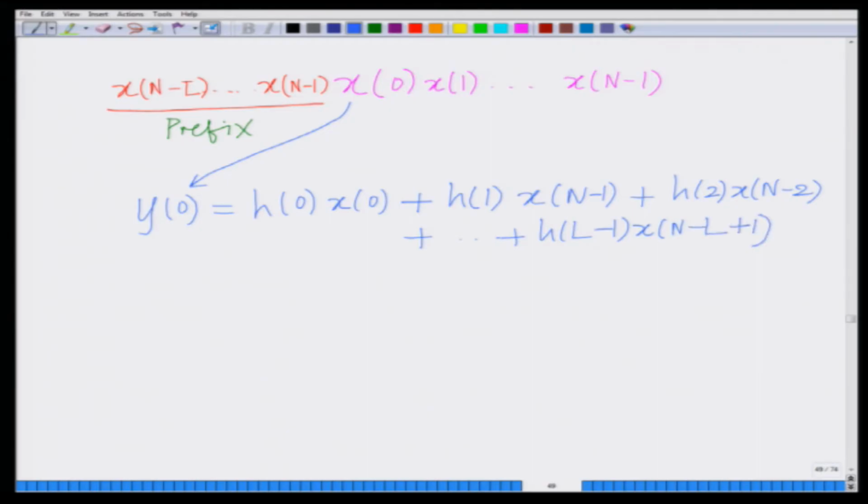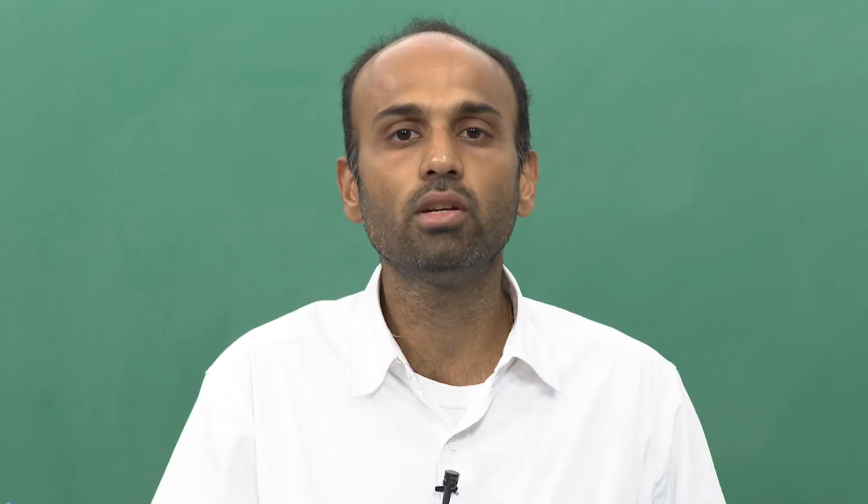Because I have prefixed the block with samples from the same block, y of 0 is h of 0 times x of 0 plus h of 1 times x of n minus 1 and so forth, h of L minus 1 times x of n minus L plus 1.